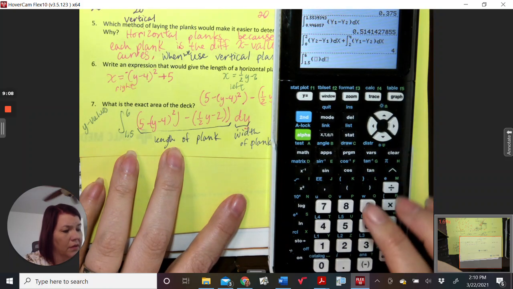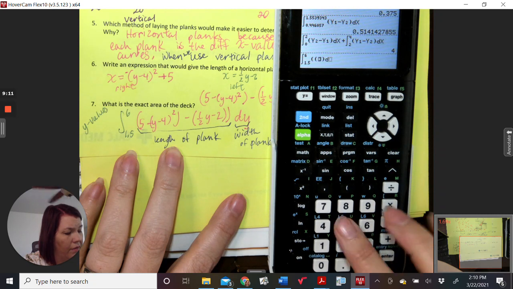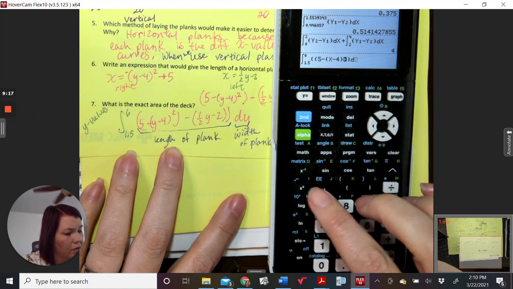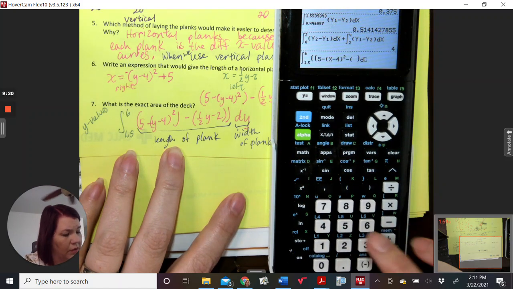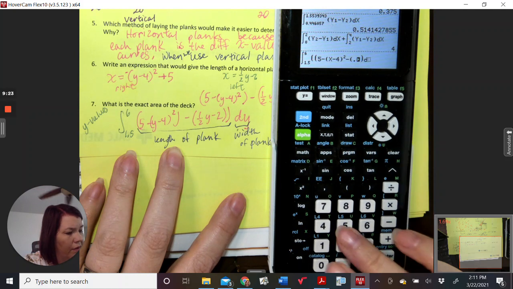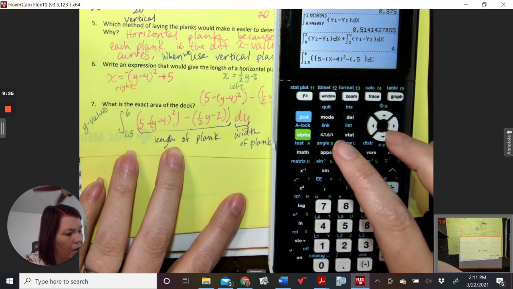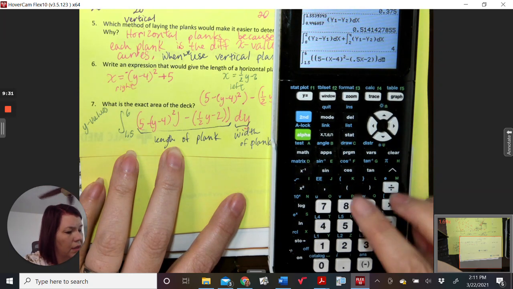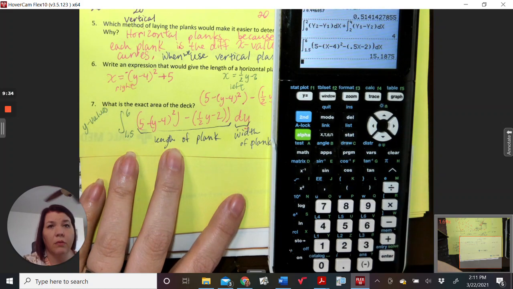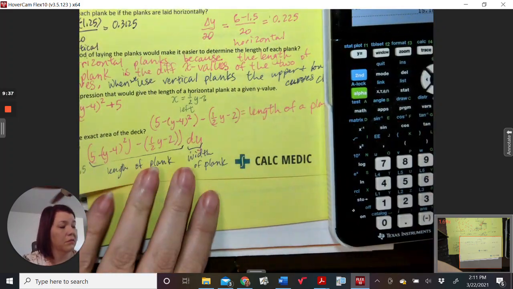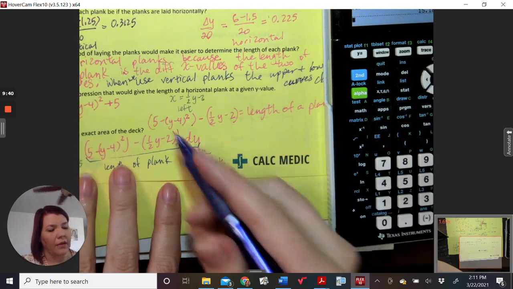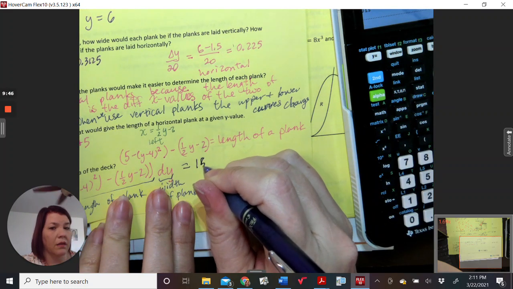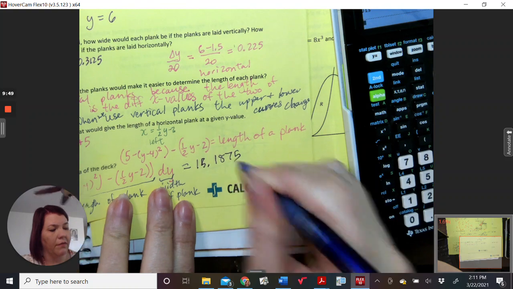First equation, parentheses, so 5 minus parentheses, x minus 4 instead of y, quantity squared, minus next parenthesis, 1 over 2, I'm going to go with 0.5, times x minus 2, close that parenthesis, dx. Oh, there it is. And so that was fast. Must have been an easy one, because I could have easily integrated that by hand. It wouldn't have been bad. Equals 15.1875. And there you've got it.